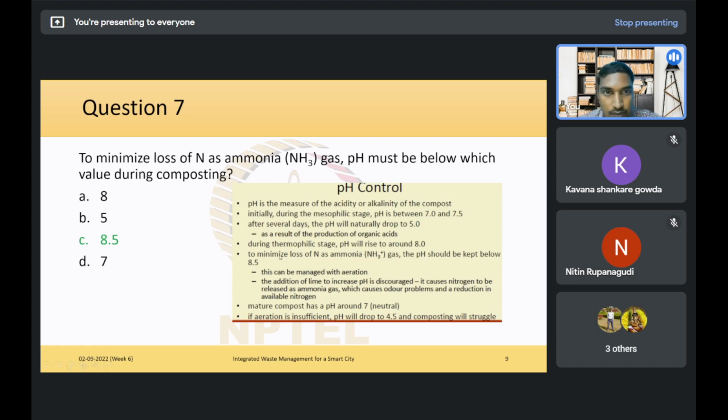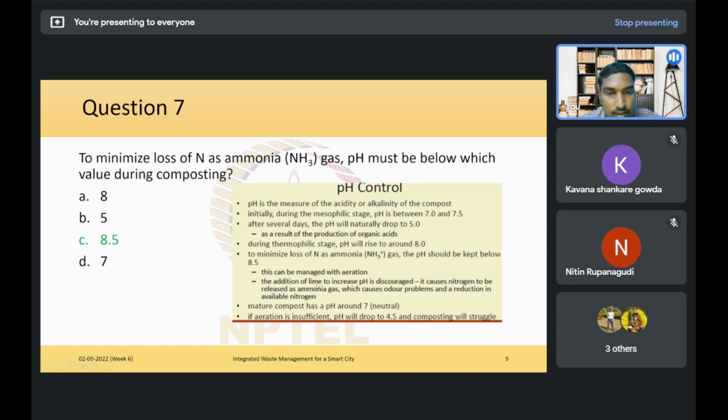This was covered when we looked at the different factors such as temperature and so on. pH was one of the factors that we covered in the lectures, and we saw that the value of the pH should be less than 8.5. To achieve that, we can use processes such as aeration, which will help us to maintain the pH.